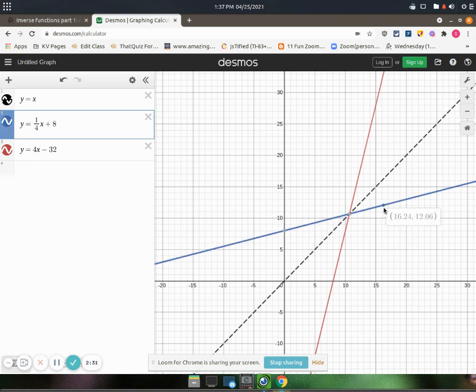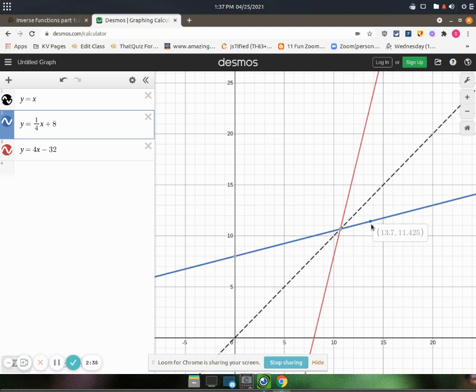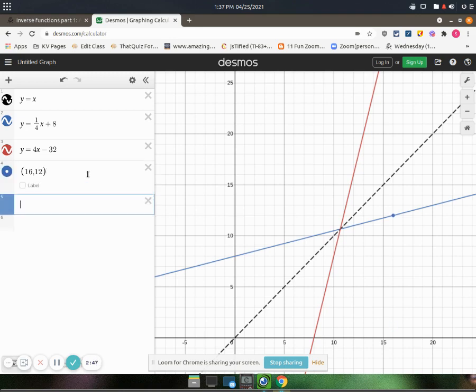If I wanted to plug in a number to actually check this out, if I plug in, say, 16 for x, I get a 12 back. And then if I plug in a 12 for x on my inverse, I'm going to get a 16 back. Cool. The reflection of each other.